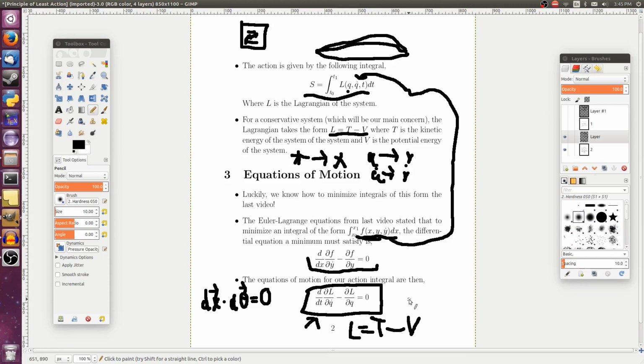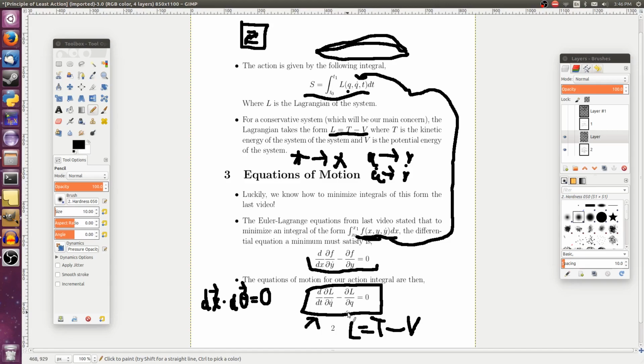Well, the kinetic energy minus the potential. But we're messing with scalars instead of vectors. And in introductory physics, vectors, you may remember, are pretty hard. So we're going to simplify mechanics a lot by using this formalism. Because if you can write down the energy of the system, then all you have to do is take these derivatives and you have your equations of motion.